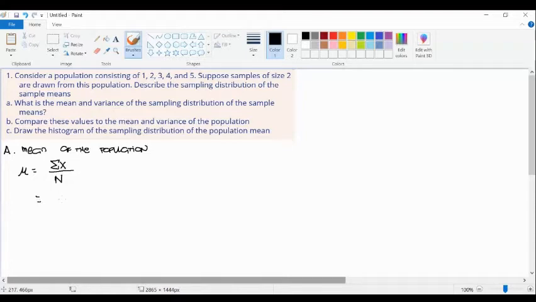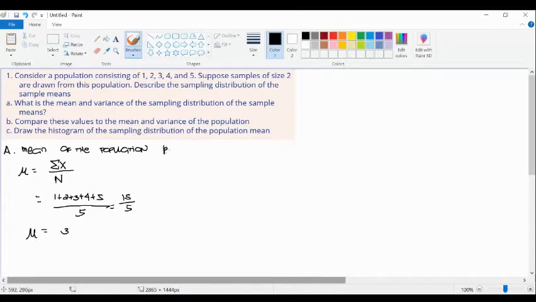So that is 1, 2, 3, 4, 5 over 5. So 1 plus 2, that's 3, plus 3, that's 6, plus 4, that is 10, plus 5, that is 15. Divide by 5, so it will give us an answer of 3. Therefore, the mean of your population is 3.